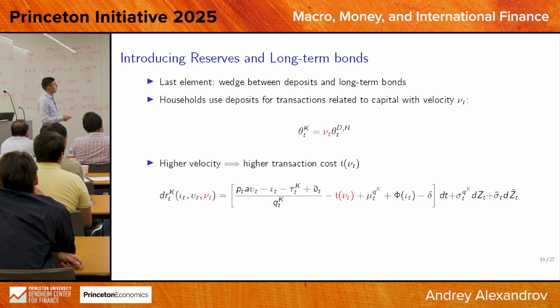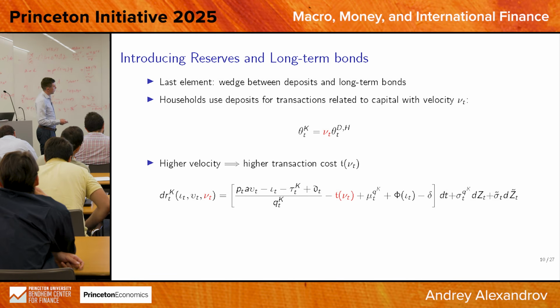So if you have very few deposits, then you need to use them with very high velocity, and that's going to come at a higher transaction cost t that enters your return on capital. So you're going to have to pay a higher transaction cost if you're holding too few deposits relative to capital. That means our return on the capital gets yet another decision variable, this velocity that enters through the transaction cost.